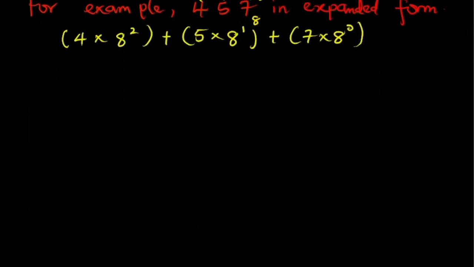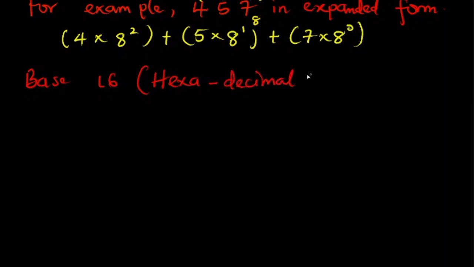So we also have the base 16 system, and this is the last system we are going to look at for today before we end the class, which is also called the hexadecimal system. The hexadecimal system has 16 leaves. So base 2 system has 2 leaves, 8 system has 8 leaves.